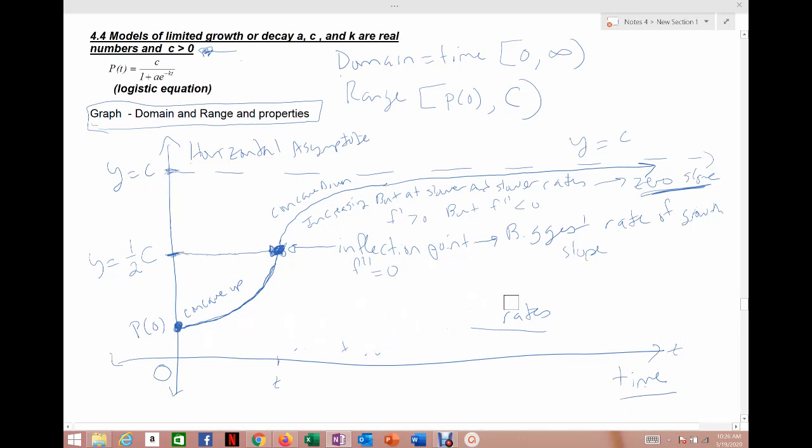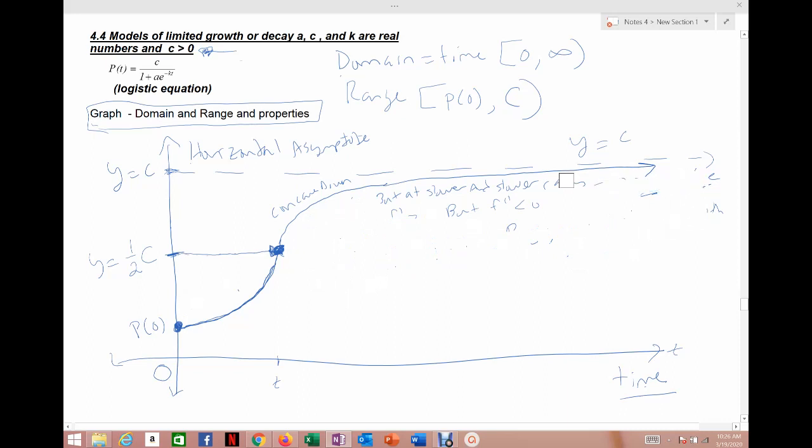Now I'm just going to talk about properties of the function in general. We're going to talk about that c value. That c value is very important, and it's in my function. So again, this is my general logistics curve, and we've got this c value, which shows up in the numerator of my logistics function.